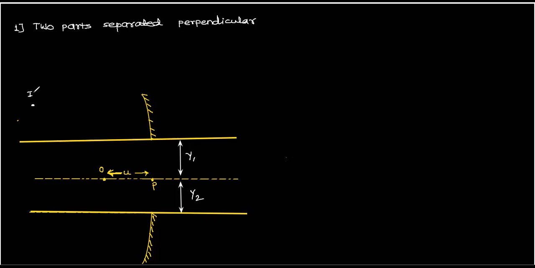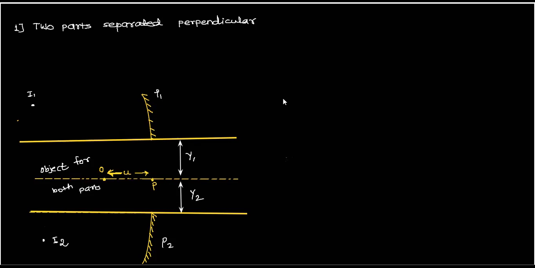This is image I1 and for this piece you are getting image I2, because this is P1 suppose and this one is P2. And this O is the object for both parts. P1 is part 1, P2 is part 2, you can say.